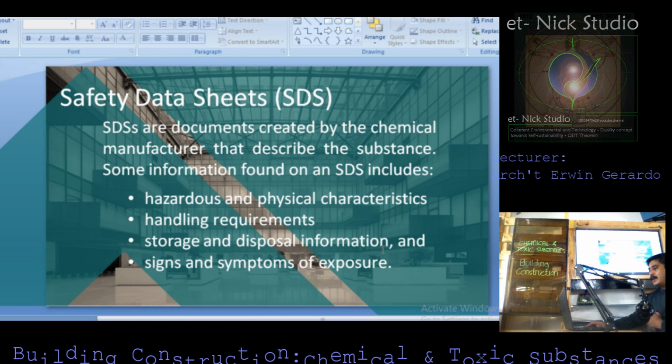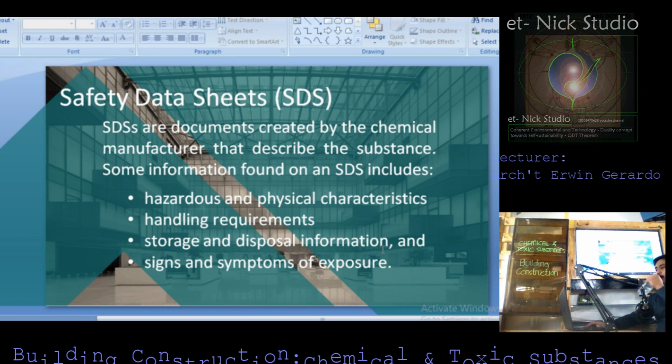Safety data sheets, SDS. Safety data sheets are documents created by chemical manufacturers that describe the substance. Some information found on an SDS includes hazardous and physical characteristics, handling requirements, storage and disposal information, and signs and symptoms of exposure.